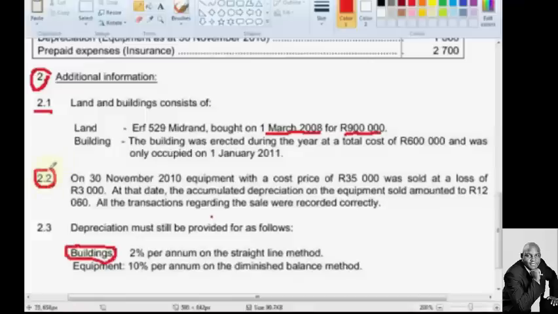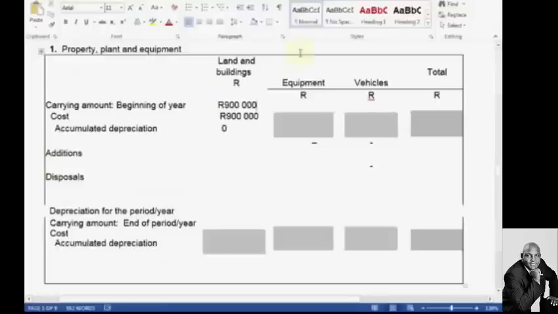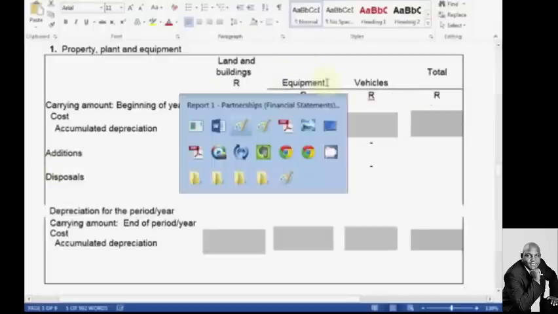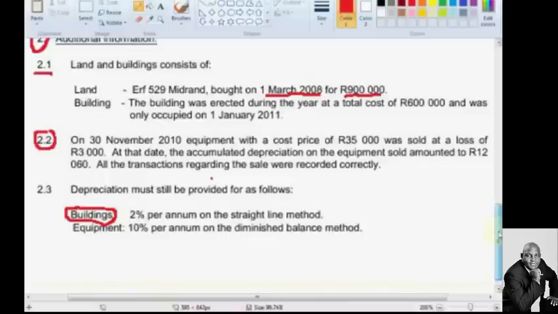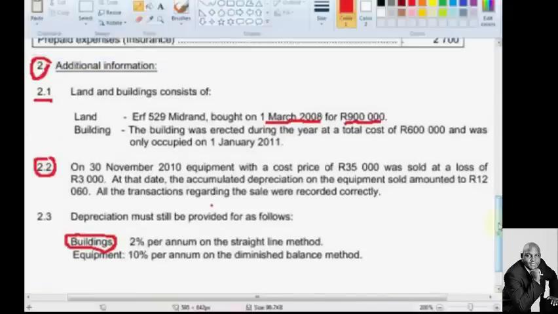We're done there. Let's go to 2.2. On the 30th of Feb, equipment with a cost price of 35,000 was sold at a loss. I'll come back to that. I first want to know the carrying amount at the beginning of the year for equipment, how much the company had at the beginning of the year, and the depreciation.